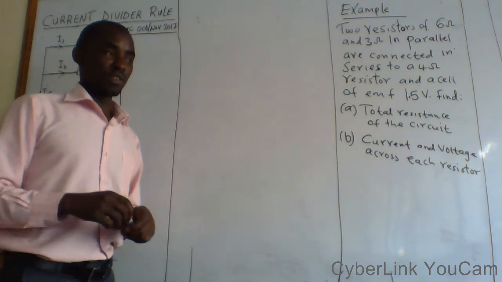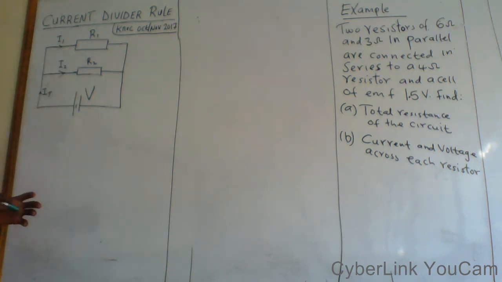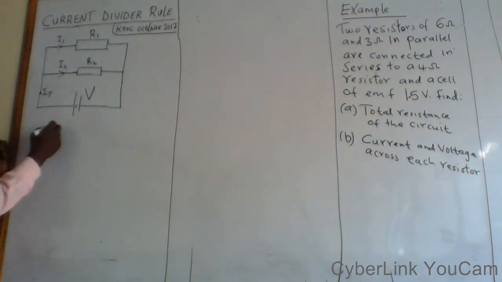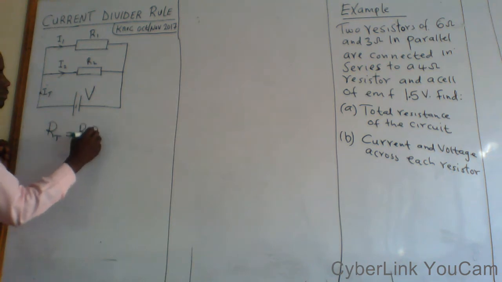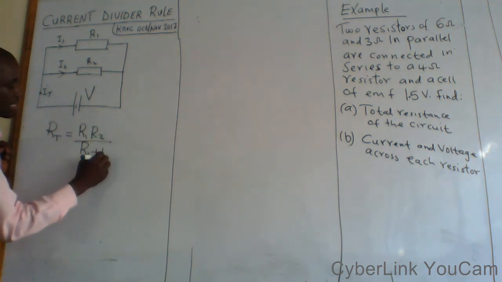So what we do, we'll get the total resistance for these two resistors connected in parallel. We'll use a special case where, when two resistors are connected in parallel, we take the product over the sum. So the total resistance will be equal to R1 multiplied by R2 divided by R1 plus R2.